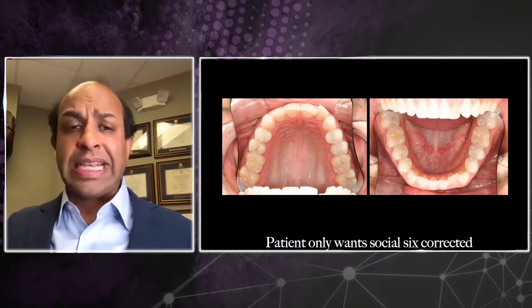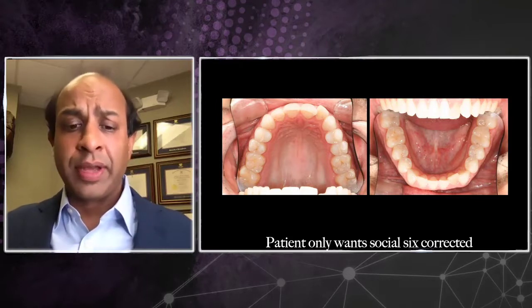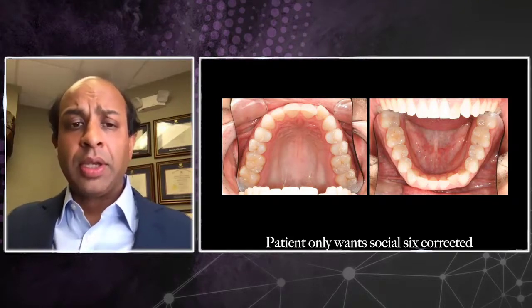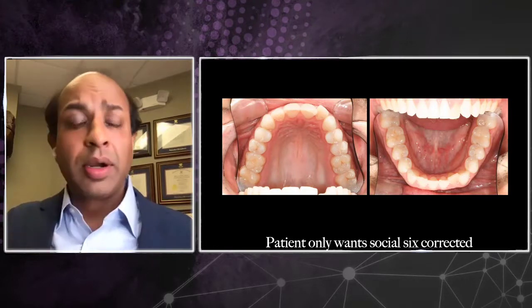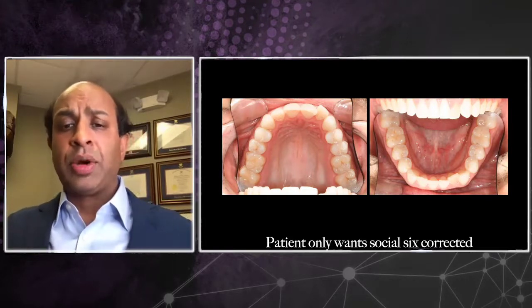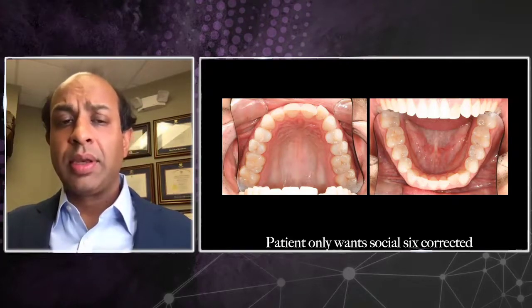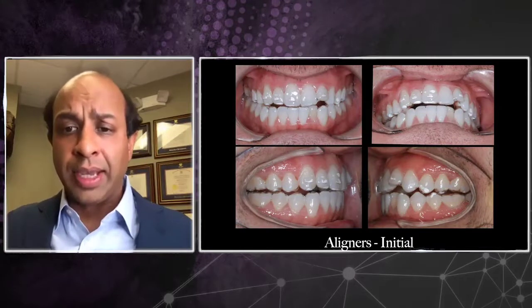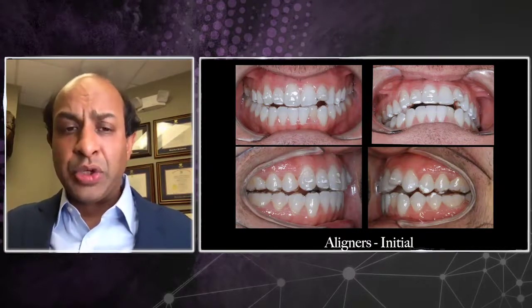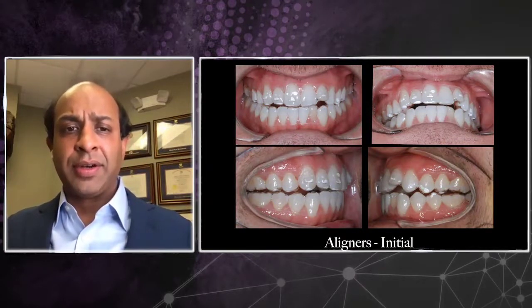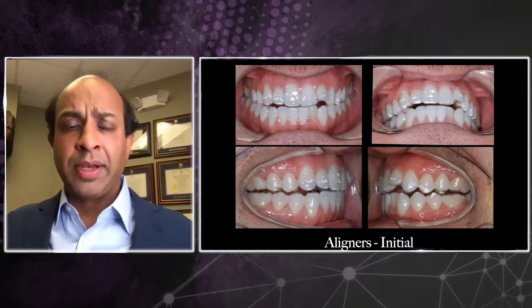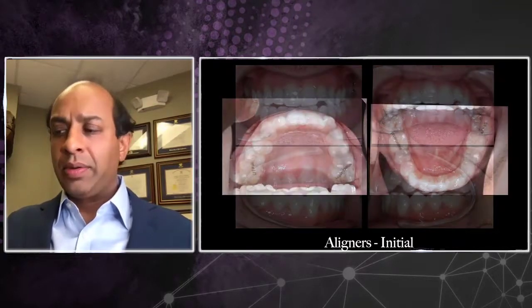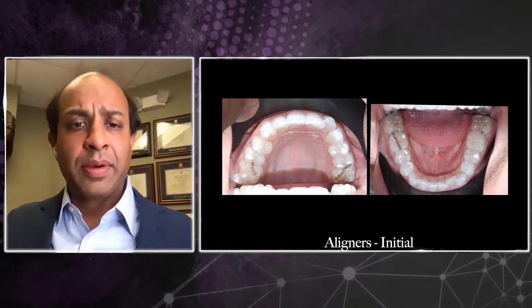This is something that can easily be accomplished with the aligner therapy, to be able to bring that upper left 2 into arch alignment and ultimately provide him that social smile that he would like. And you can see the intimacy of the aligners with the appropriate placement of the attachments. We were able to help Kyle to move along in that journey.